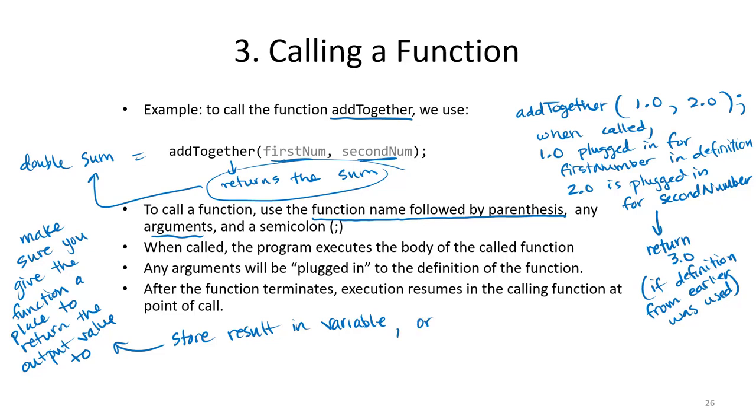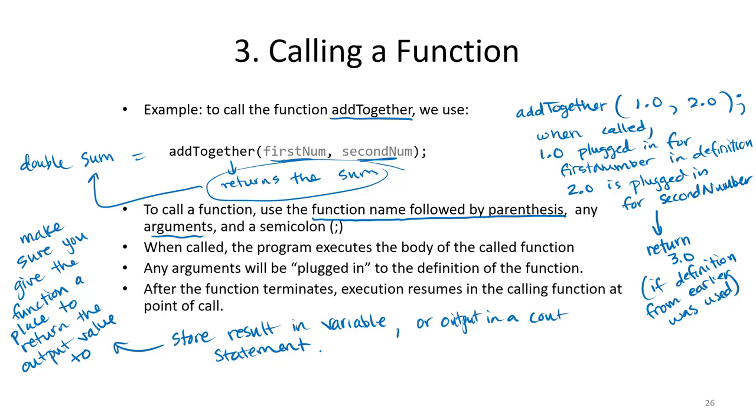or you could also have it inside a cout statement, like cout. So here you would output it. So if you were simply to call the function add together, but not give it a place to put the result, then add together would execute, but the sum would disappear immediately.